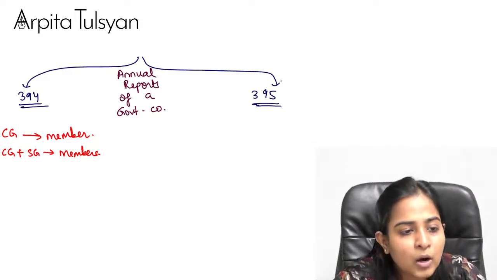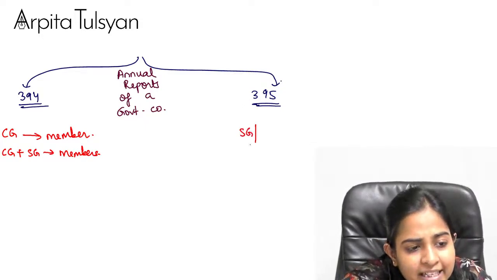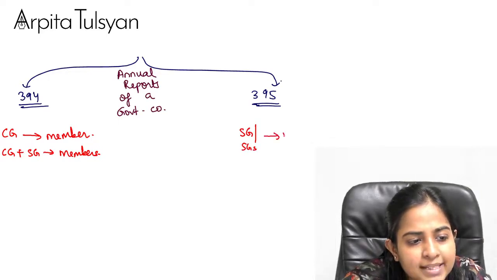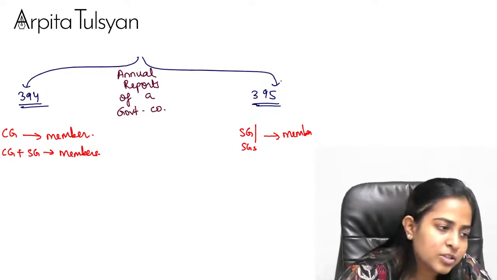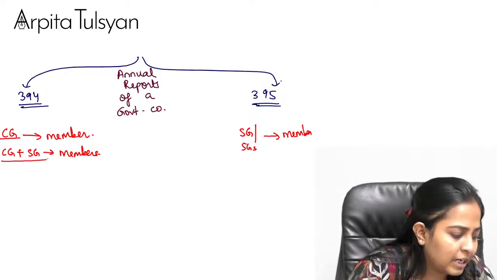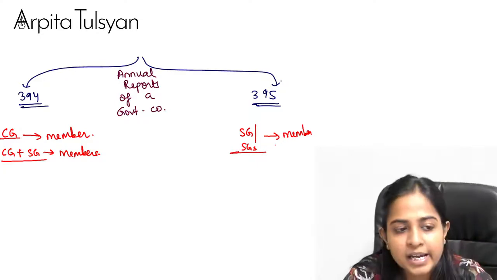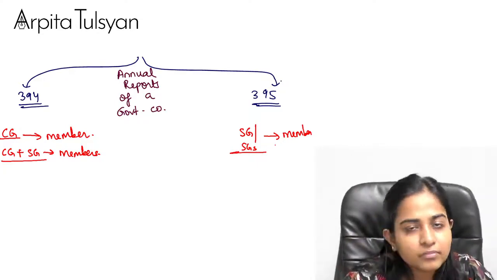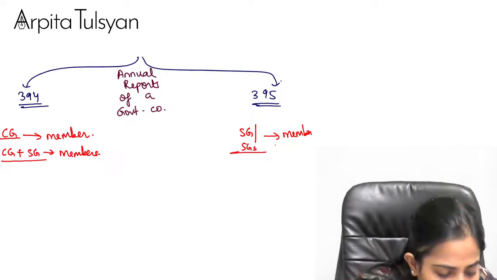Now when will 395 become applicable? Only when the state government or state governments are the members of the government company. So here, either the central government or jointly both, and here, only where the state government is a member. In such case, section 395 will become applicable.